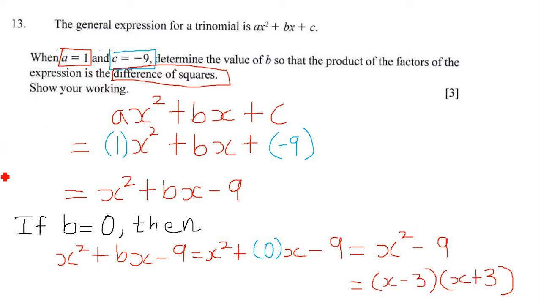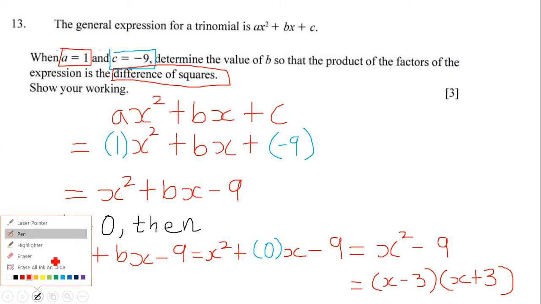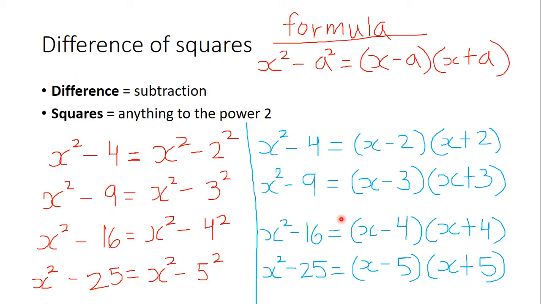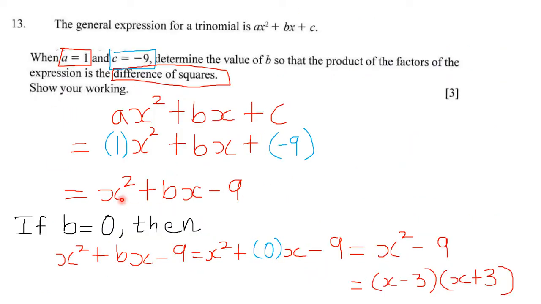How did I know that b is going to be 0? Well, they say determine the value of b, so this is what we have to figure out. And you could clearly see it would have been 0 because look at this: x squared minus 9. Clearly we have the x squared, and clearly we have the minus 9.